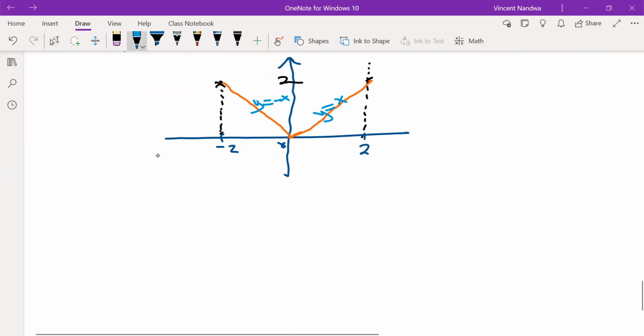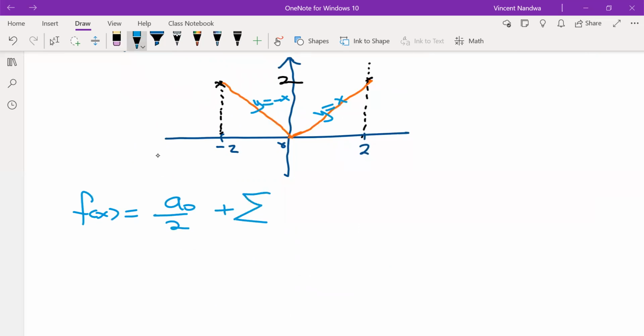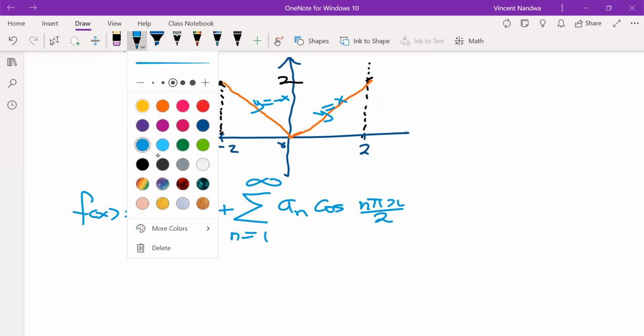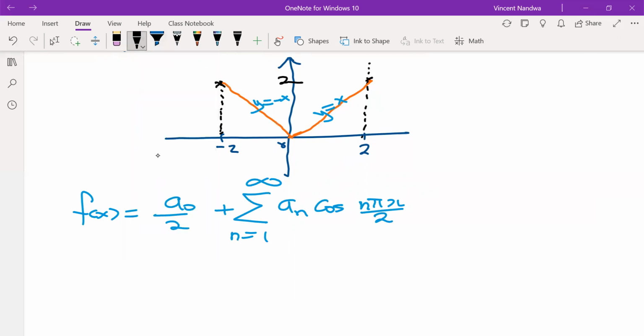So f of x will be given by a naught over 2 plus summation n from 1 to infinity of an cosine of n pi x over 2, because the value of c in this case is 2.